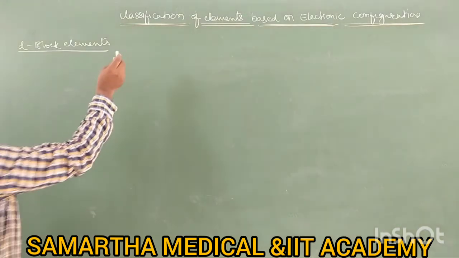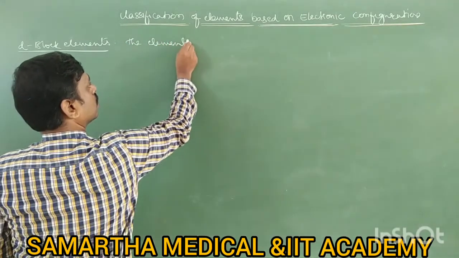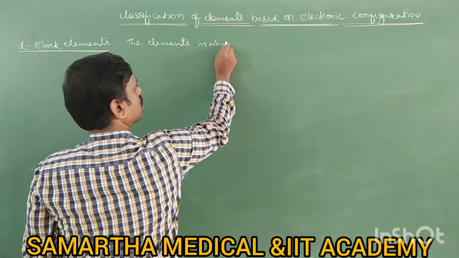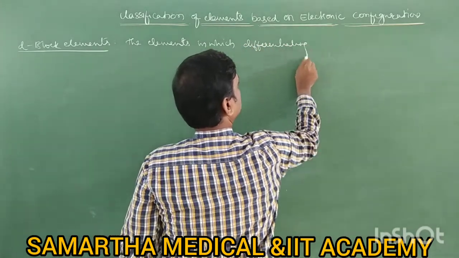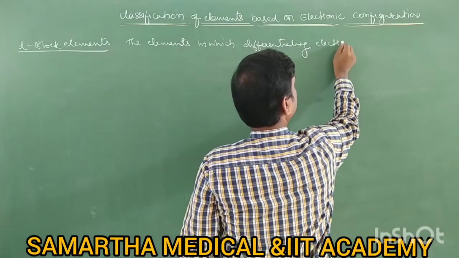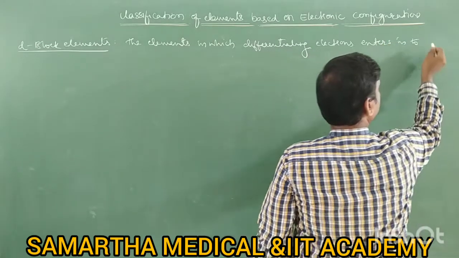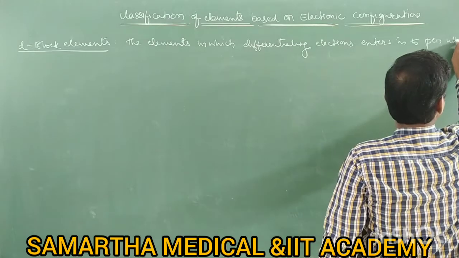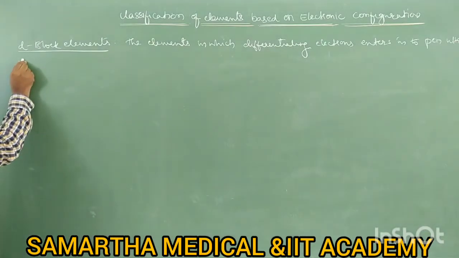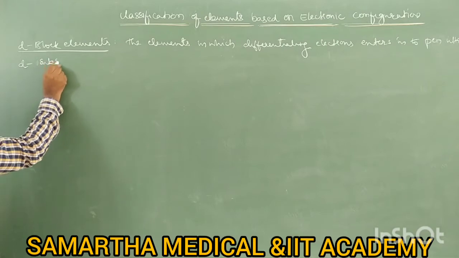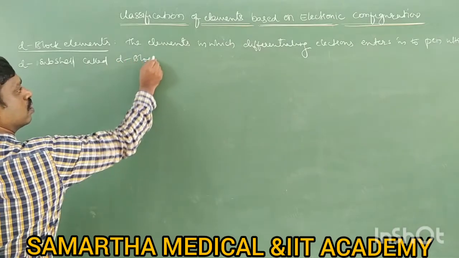Take down notes: the elements in which the differentiating electron enters into the penultimate d subshell are called D block elements.